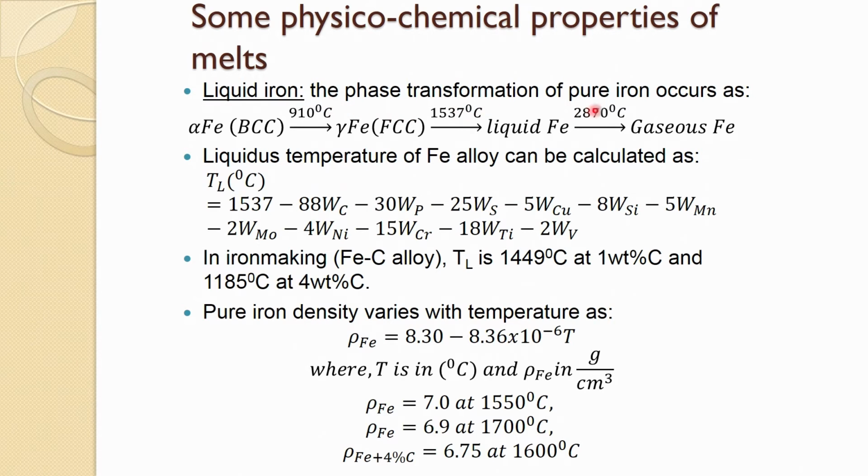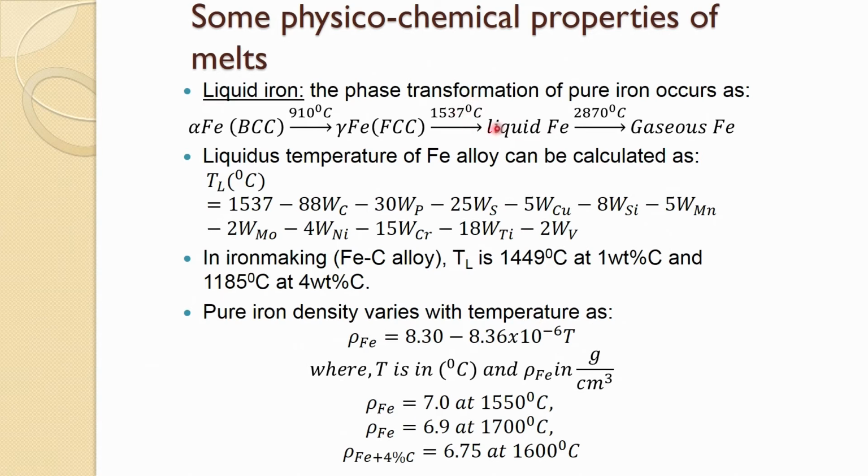So, the phase transformation of pure iron occurs as alpha iron, you must be aware of that, body centered cubic. At 900 degrees Celsius, when the temperature reaches that, it is converted into gamma iron, and at 1537 degrees Celsius, as you keep on heating, it converts into liquid iron.